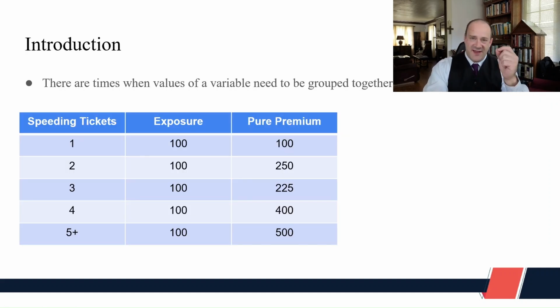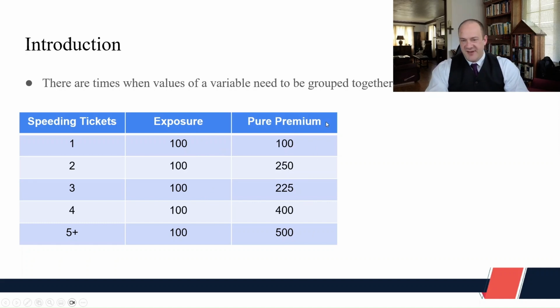Well, let's take a very simple example here with very easy numbers with which to work. This is an example involving speeding tickets, and so we look at the people with speeding tickets, and what do we see? We say, okay, well, look, we've already got some groups here, right? Because we just put 5+ in there, and there's the same amount of weight in each category here, and here's the associated average loss per category.